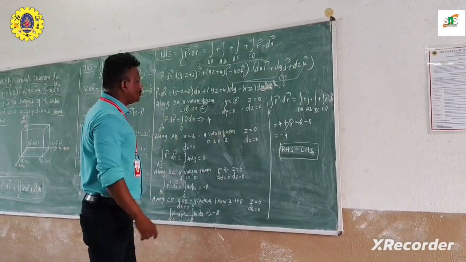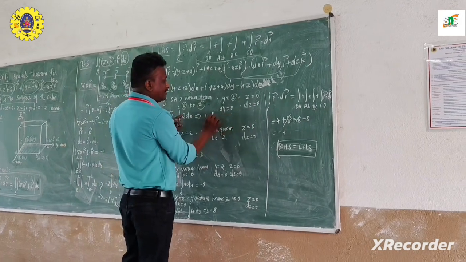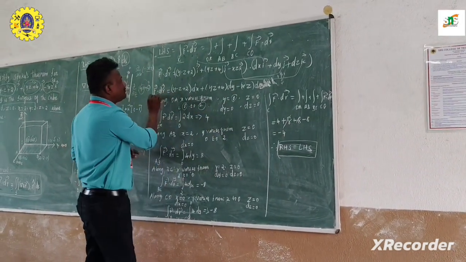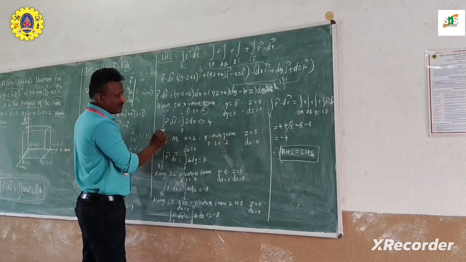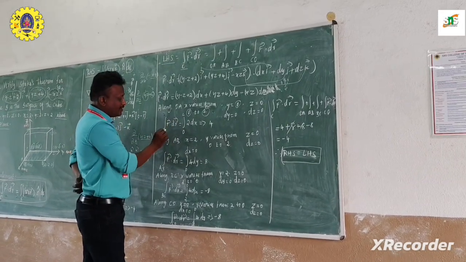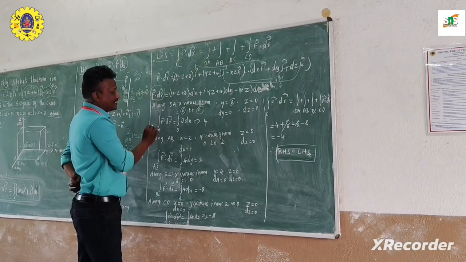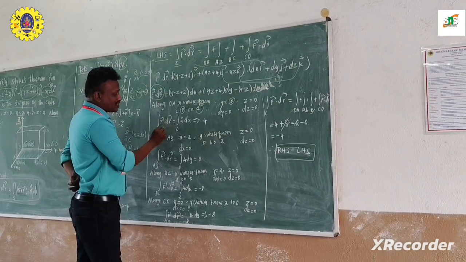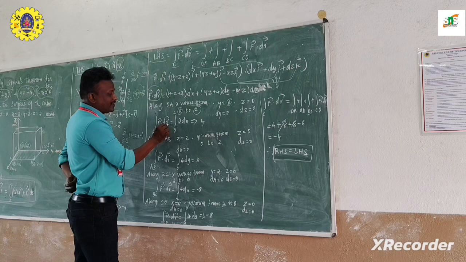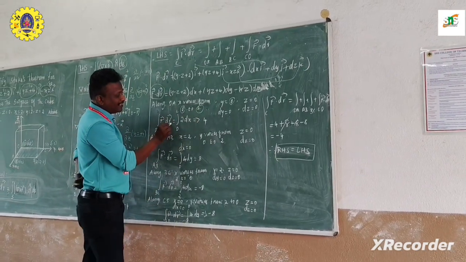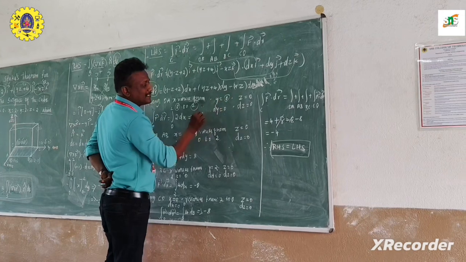Now what you have to do, this is your current result, so you have to substitute this in along OA. Now let us come to here, along OA, F vector dot dr vector. So instead of writing this F vector dot dr vector, I can directly write this one, and substitute all these results.